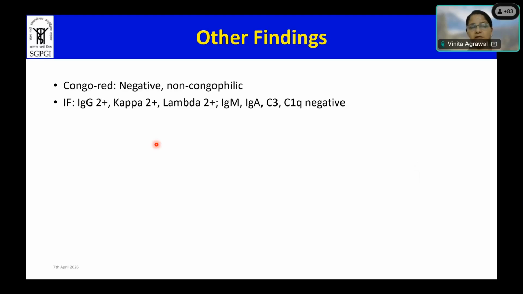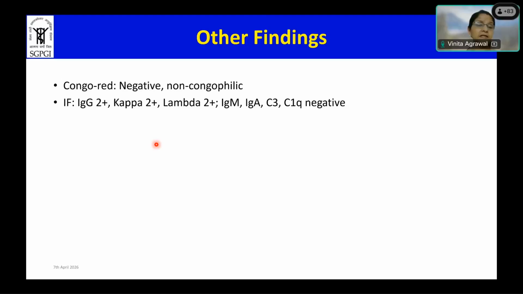Apart from amyloid: if it had been Congo red positive, you could have thought of amyloid, but it is not. What will you think of? What is your differential? Light chain deposition disease.